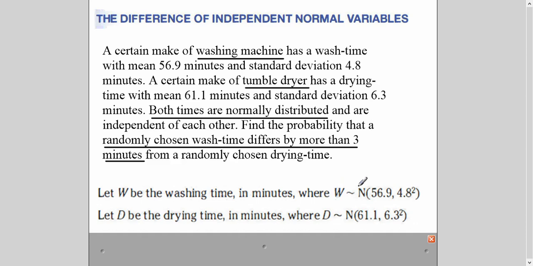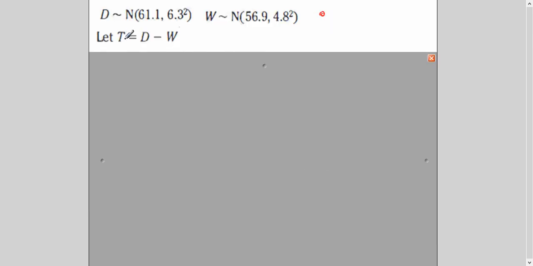Now the question is saying find the probability that a randomly chosen wash time and dry time differ by more than 3 minutes. So the difference between washing time and drying time is more than 3, and I have to calculate the probability of it. Let's see how we handle it. Now let's call the difference d minus w equals t, right?